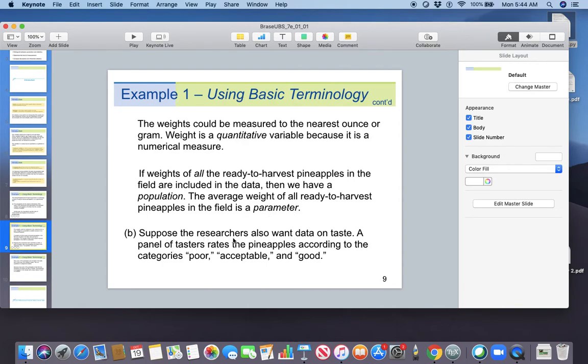Now, suppose the researchers want data on taste. A panel of tasters rates the pineapples according to the categories poor, acceptable, and good. Poor, acceptable, and good. Notice these are not numbers. These are characteristics which cannot be added or averaged.